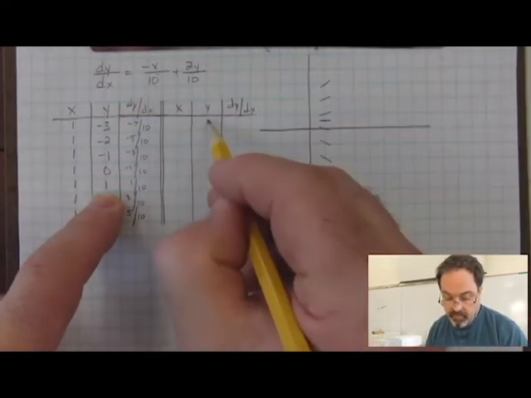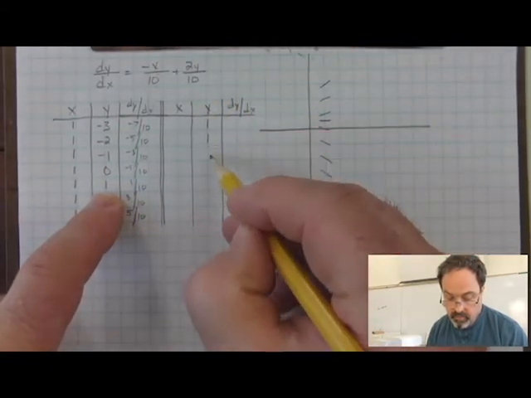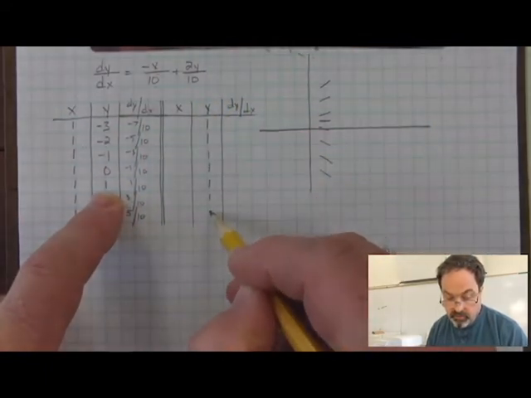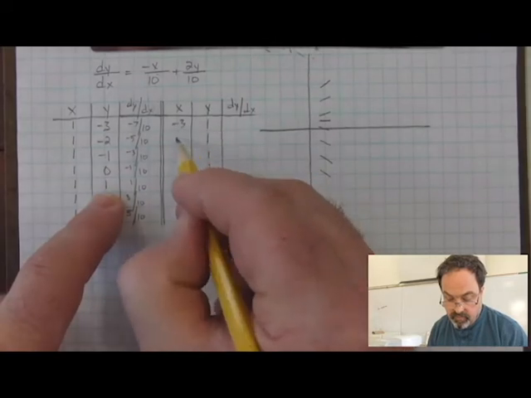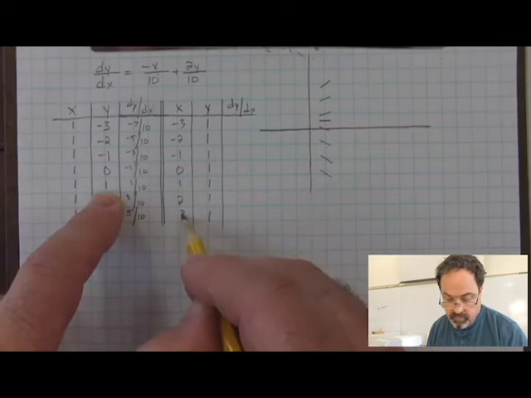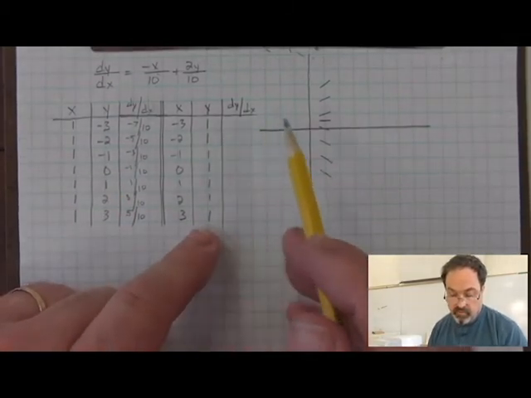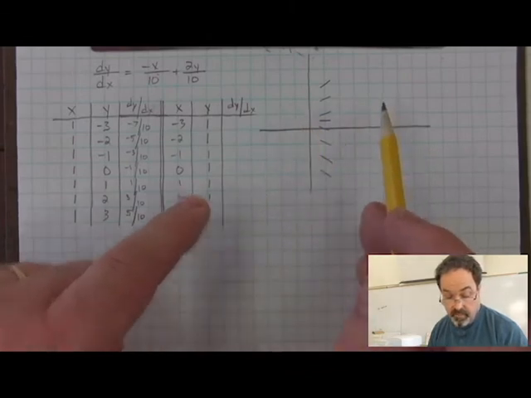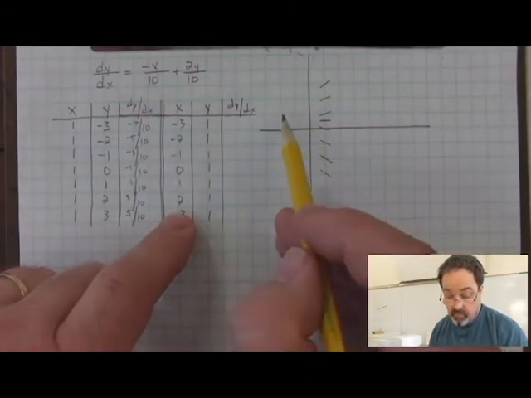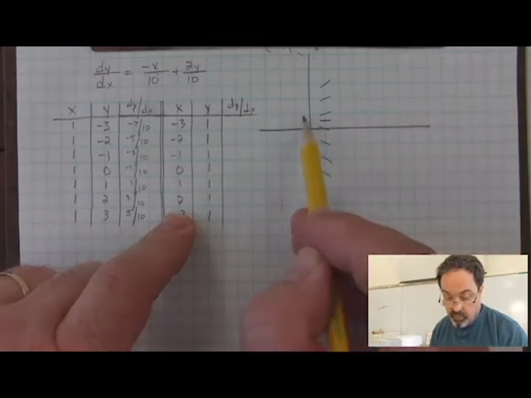And this time I'm going to fix y to be 1 and change x from negative 3 to positive 3 to see how the derivative changes horizontally dependent on x. So I'm going to be finding the slopes along all these points where y is equal to 1.